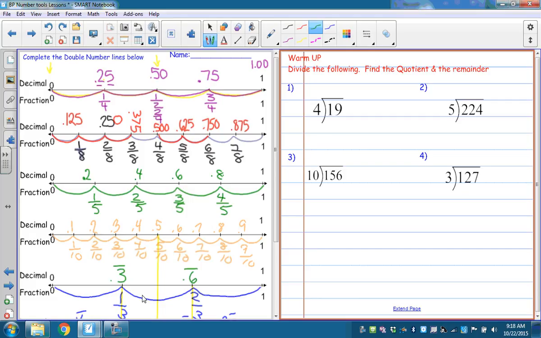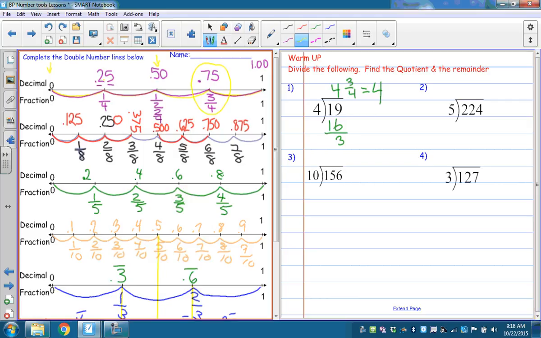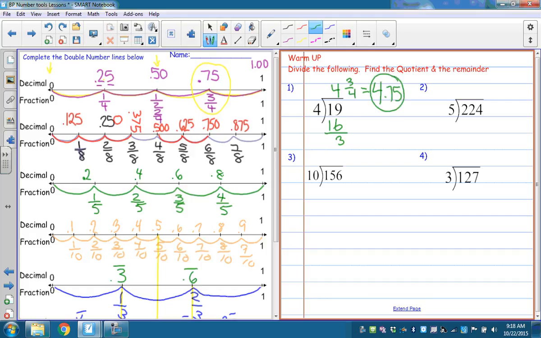How many times does 4 go into 19 evenly? 4, right? And the remainder's 3, right? So we know 4 3/4 is the same as 4, and then you just come over here, 0.75. And that's your answer. That's how you're going to do your homework.